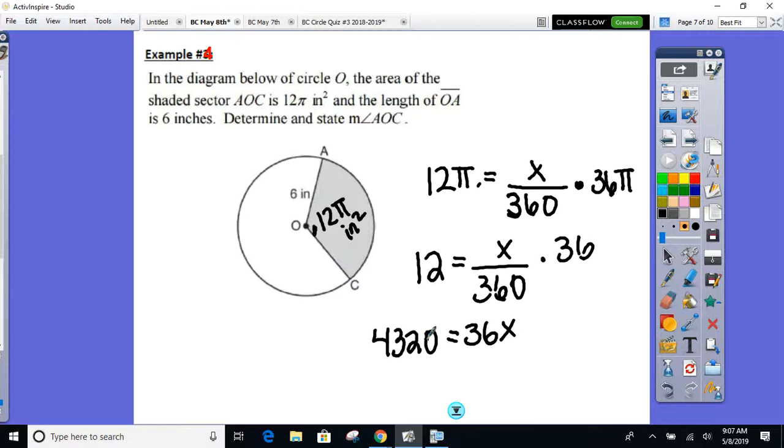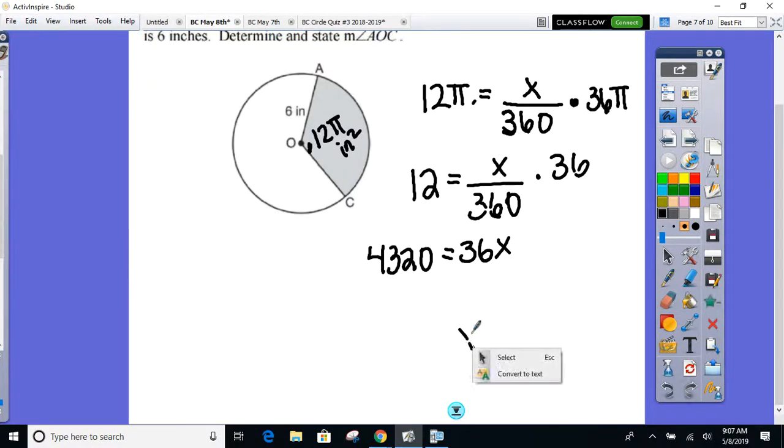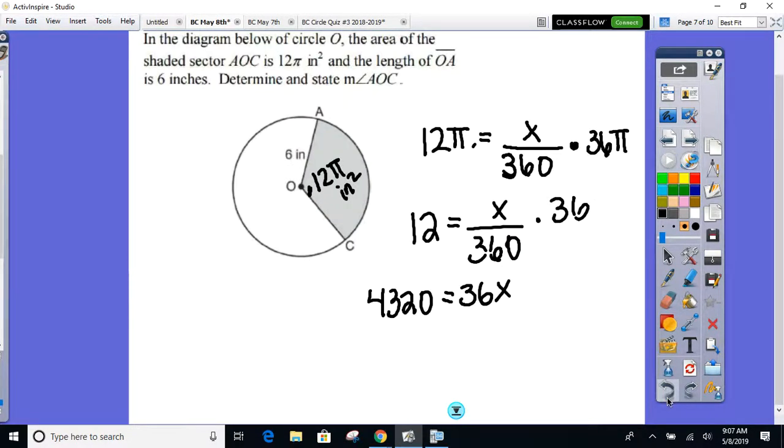Divide by 36 on both sides. You're going to be looking at 120. Now, you did use this formula, so is this radians or degrees? Degrees if you're using this formula. Questions?